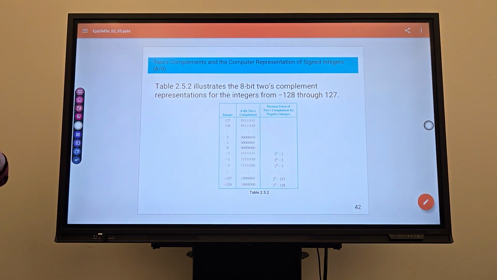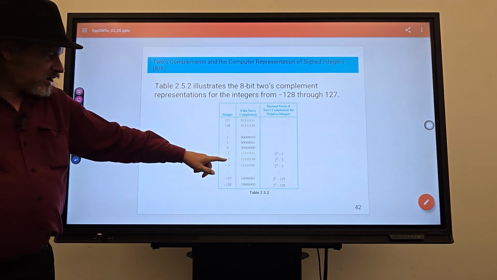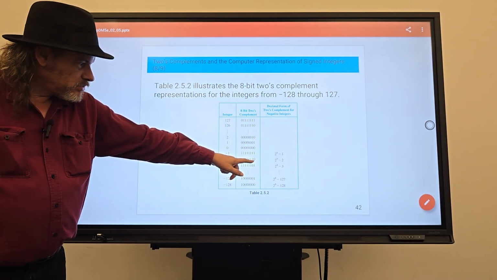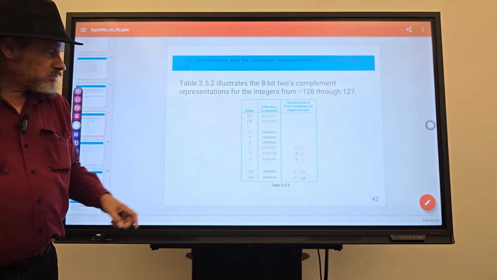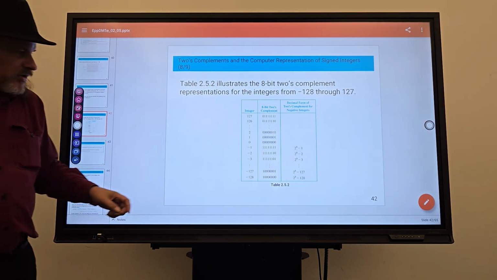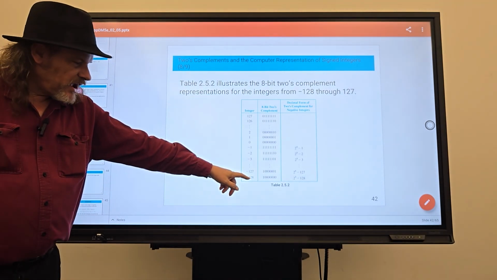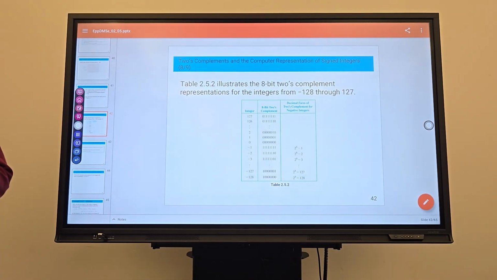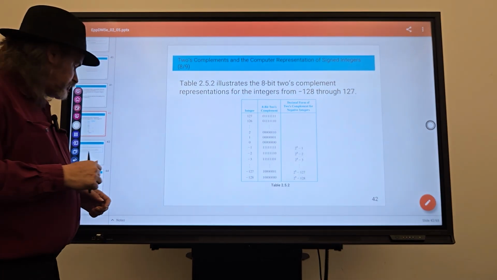So all ones is -1. Subtract 1 from that, you get all ones with a 0 at the end, that's -2. And so on and so forth until you get to -128 for an 8-bit 2's complement negative number.